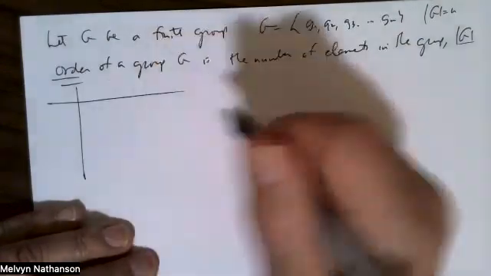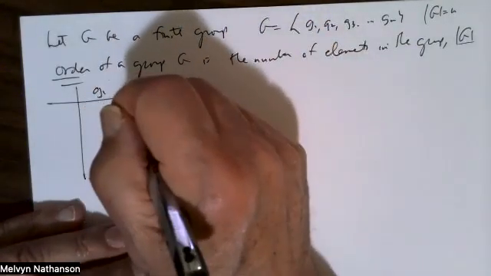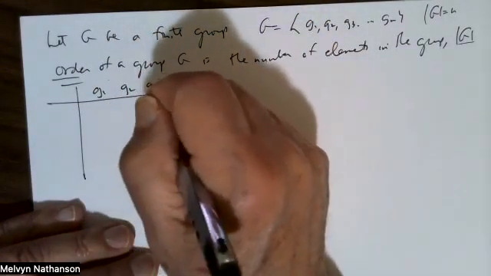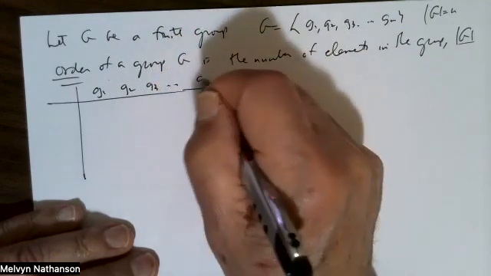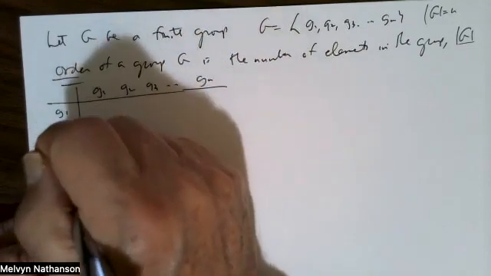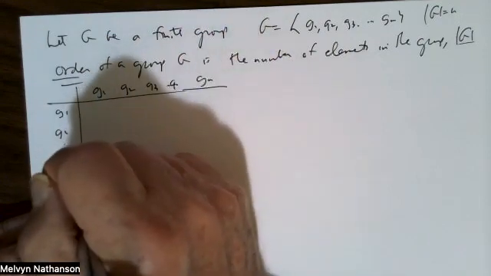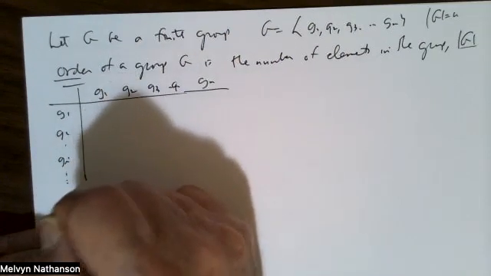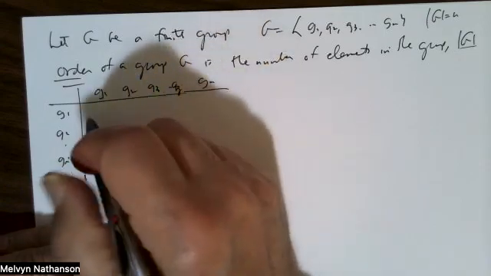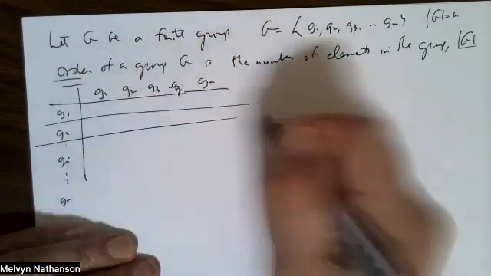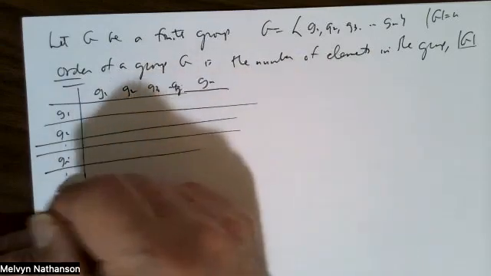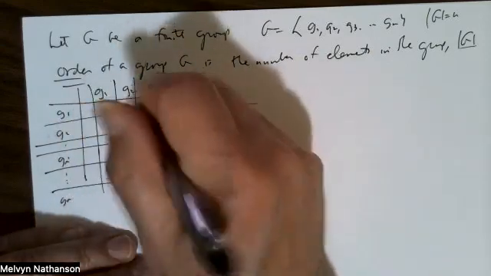So I could write down a multiplication table. I write across the top the n elements of the group in order, and here vertically the n elements of the group are in order. Say this is G sub i down to G sub n, call this G sub j. And I fill in this table.